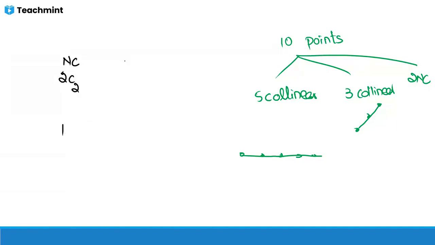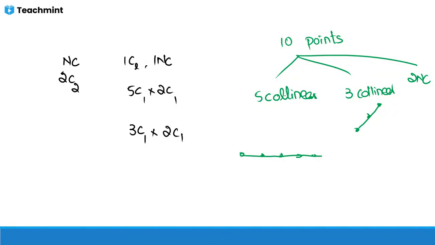Next, one collinear and one non-collinear. In the sense, among 5 I need to select one here, and among the 2 I have to select one. The same thing for the other group of 3: among these 3 collinear, one, and among these 2 non-collinear, one.